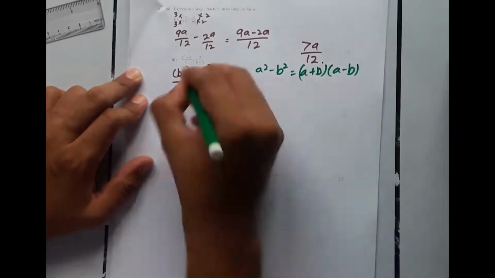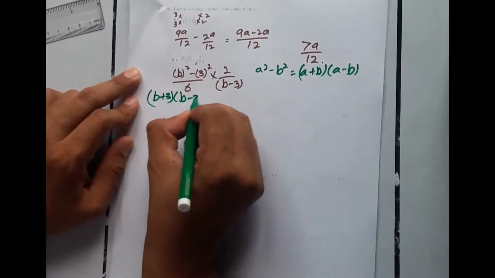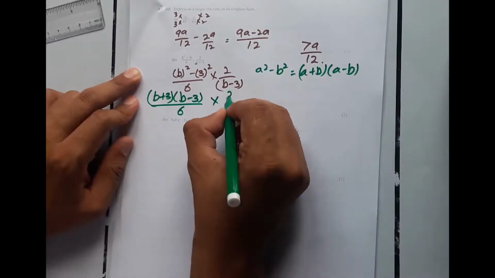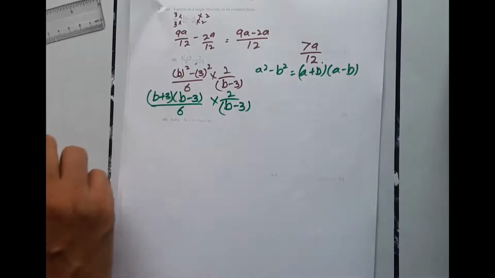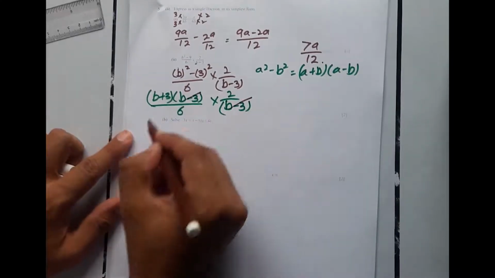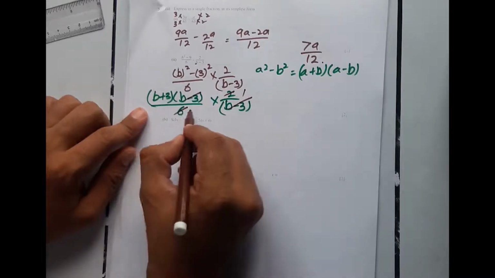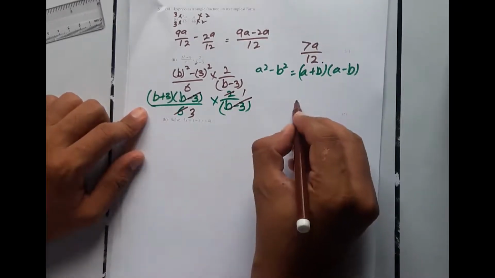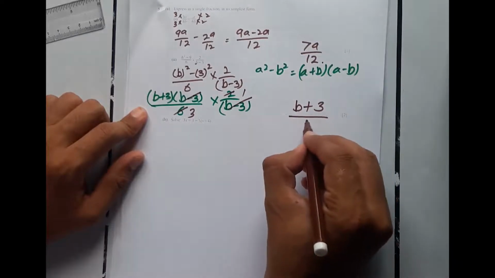We can write this as (b plus 3) into (b minus 3) by this formula, over 6 times 2 over b minus 3. So b minus 3 will be cancelled with b minus 3, and 2 will cancel 6 by 3, so this will become (b plus 3) over 3. Clear?